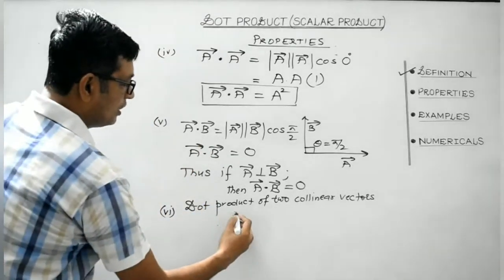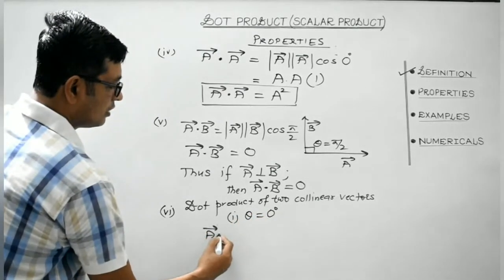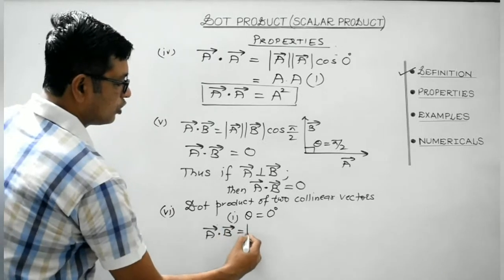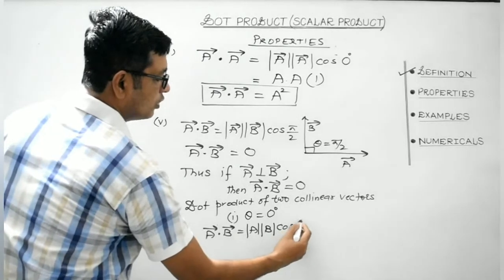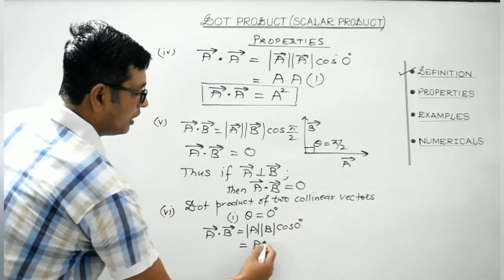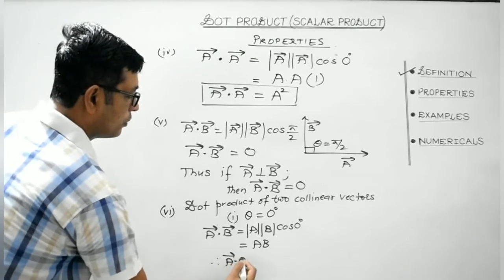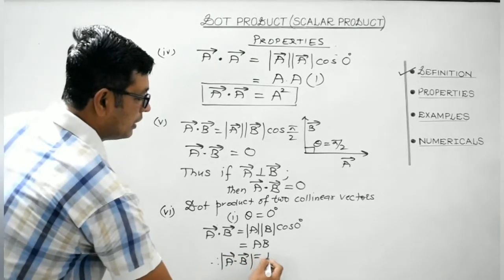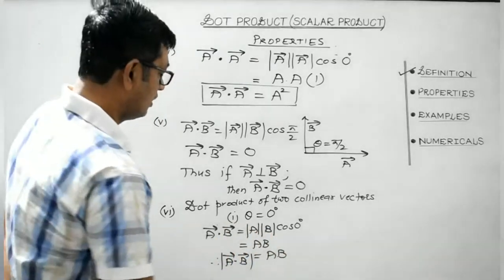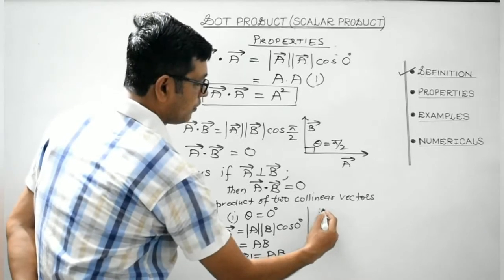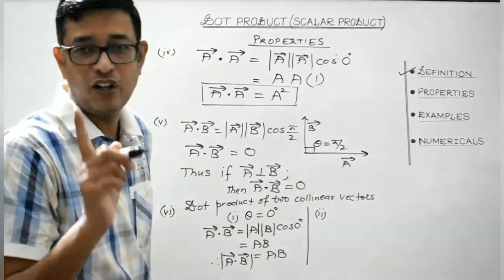So let's consider both the cases. When the angle between them is 0 degree, A vector dot B vector, in such a case, will be equal to magnitude of A, magnitude of B, cos 0. So it will be equal to AB. Therefore, magnitude of A dot B would be simply equal to AB. Clear, students? Now consider the other scenario, case 2. For collinear vectors, the angle between them may be either 0 degree or 180 degree.